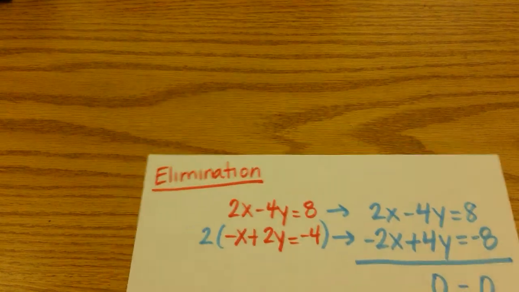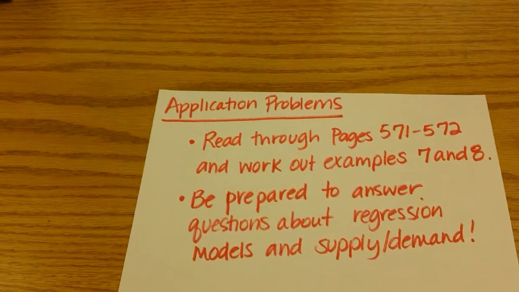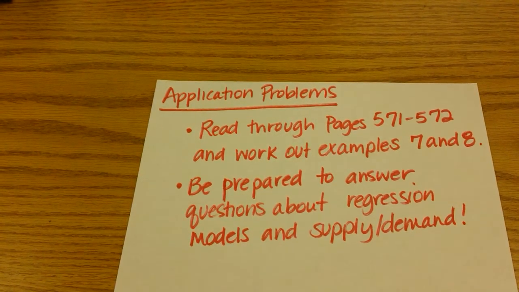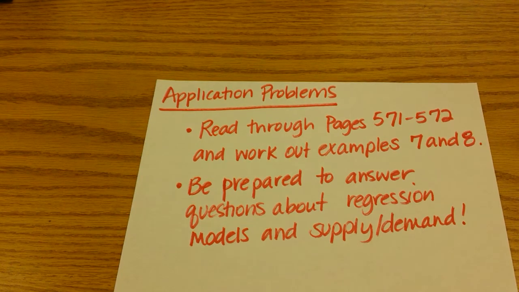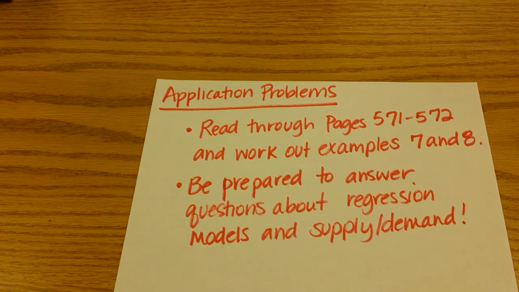Okay, now what we are going to be doing tomorrow is working on some application problems. So it's very important that tonight, in addition to this video, you also read pages 571 and 572 and work out examples 7 and 8. Don't just read the examples, make sure that you work them out and you try them on your own.